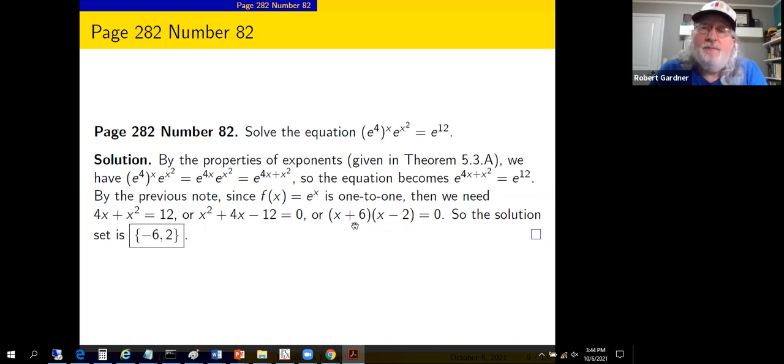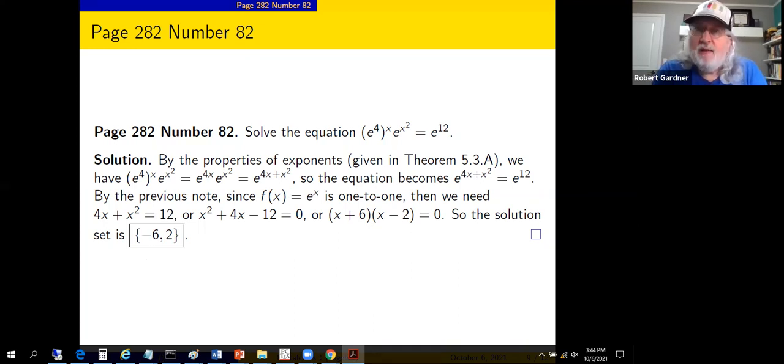Minus 12, plus 6x, minus 2x will give us the plus 4x. The product here is negative 12 as needed. So this equals 0 when x is negative 6 or when x is 2. So the solution set to this equation is the set consisting of negative 6 and 2.